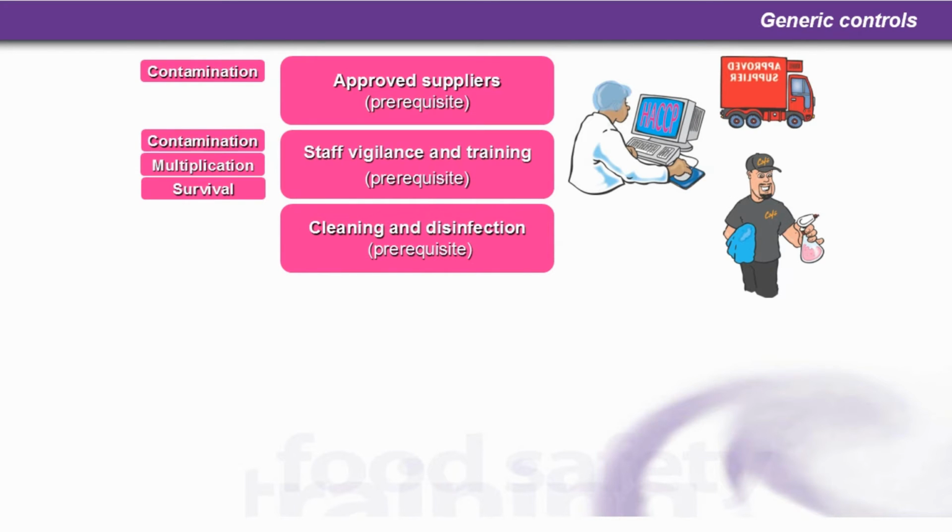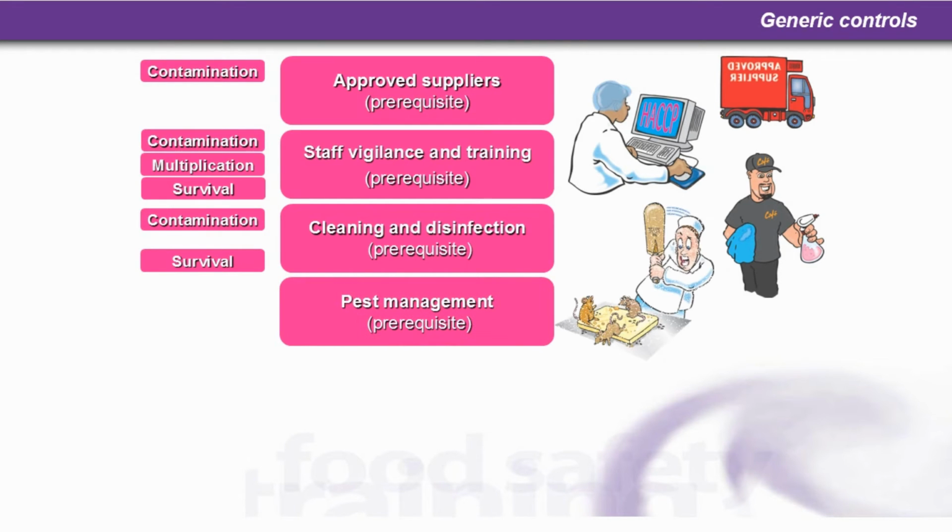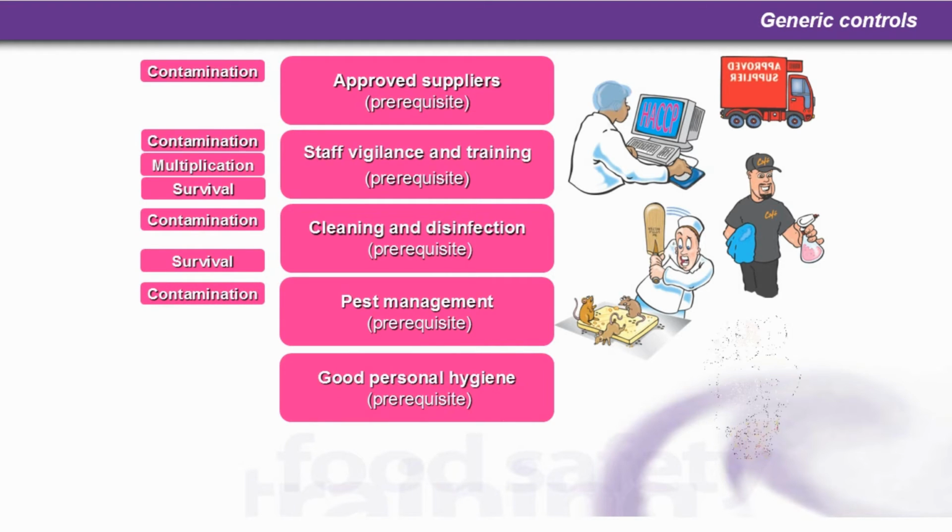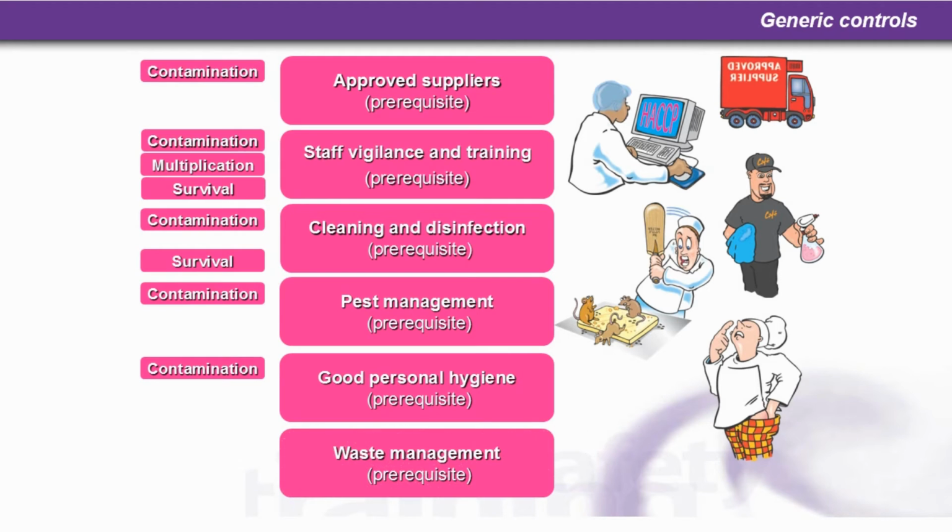Then we've got cleaning and disinfection, another prerequisite, contamination and survival. Pest management, another prerequisite, again will prevent contamination. Good personal hygiene, another prerequisite, which will prevent contamination. And waste management, another prerequisite, again preventing contamination.